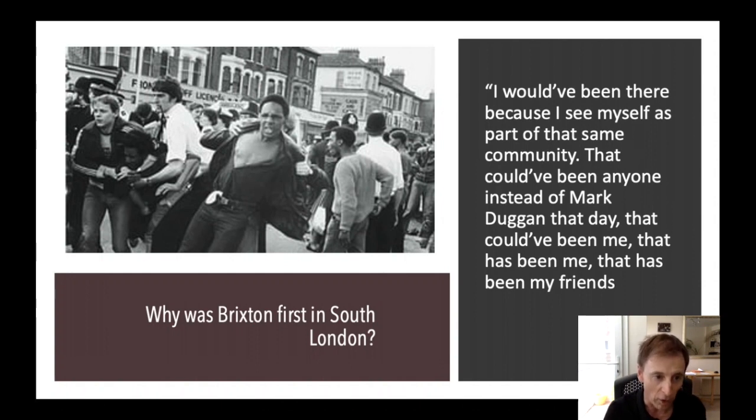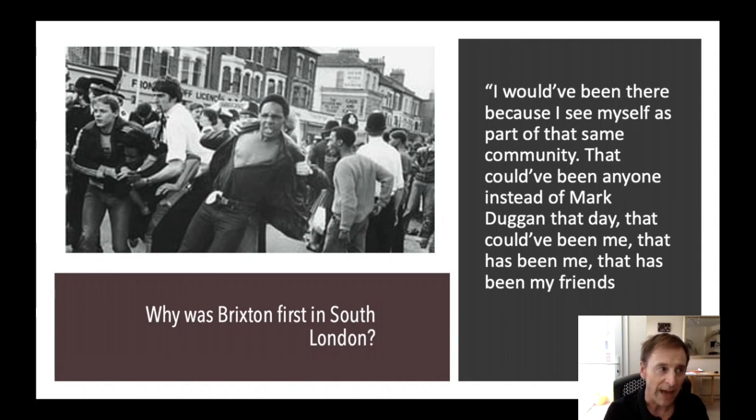They identified with Tottenham historically. They shared a history with Tottenham of racist policing, of stop and search by the police, of brutality by police, and a resistance to that brutality. So they said what happened in Tottenham could have happened here, in fact did happen here in the past. And therefore the events in Tottenham were highly relevant to their collective sense of who they were.